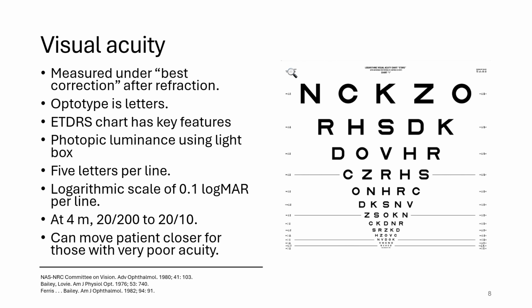With the patient 4 meters away from the chart, a coordinator can test patients with visual acuity from 20/200 to 20/10. A nice feature is that for patients with very poor acuity, say worse than 20/200, you can move the patient closer and still get a measure. The ETDRS charts are widely commercially available and are commonly used in clinical trials.